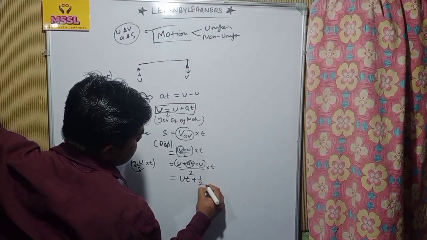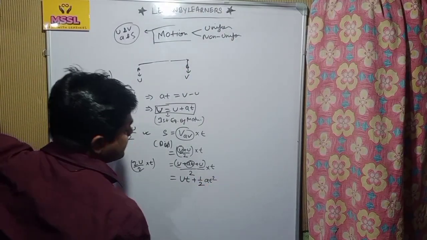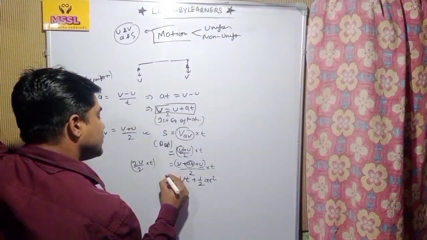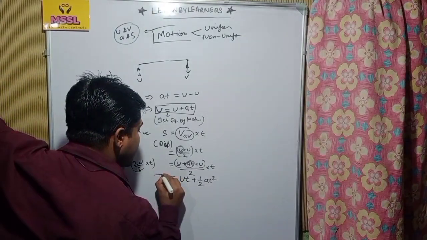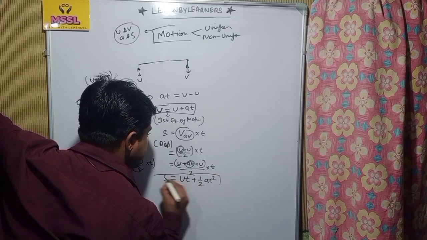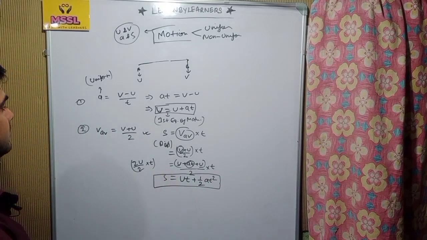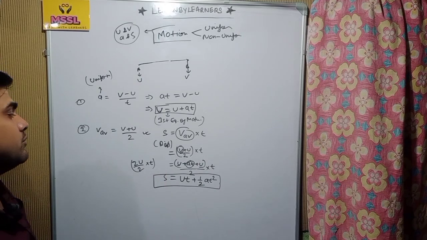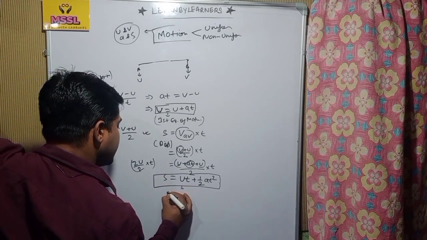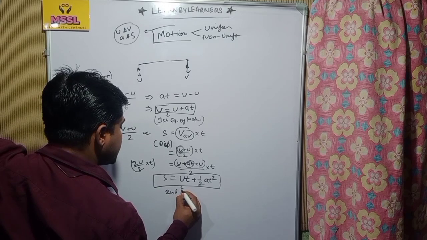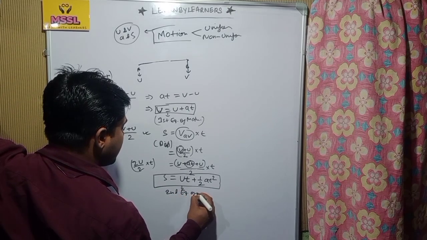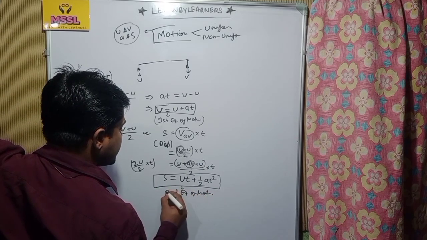So can we write this as ut plus half at square? And this is nothing but the second equation of motion.